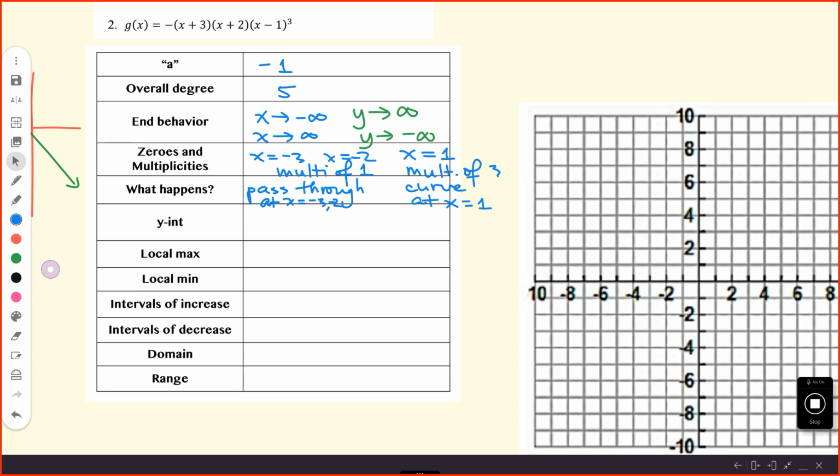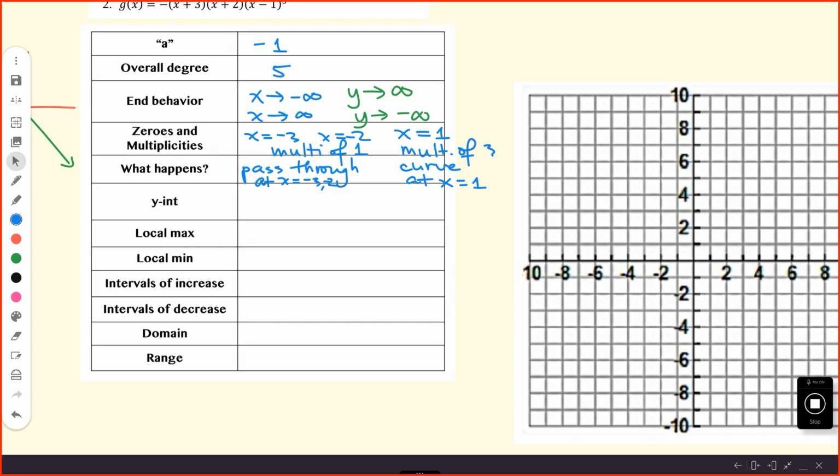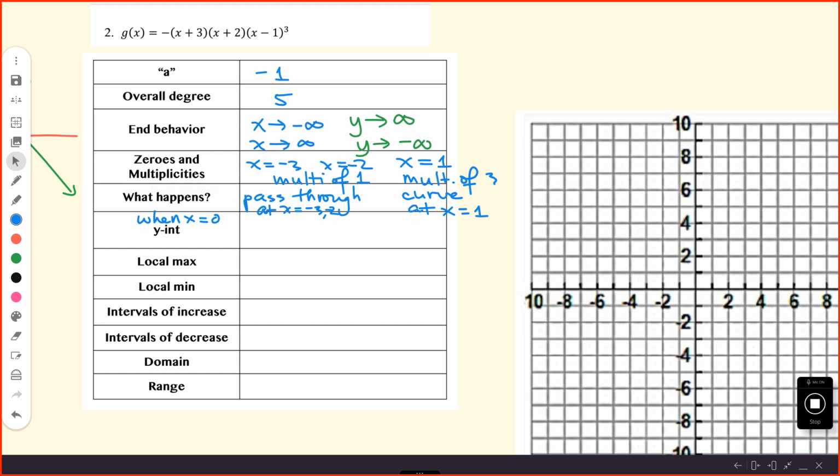All right. And then how do we solve for the y-intercept? This is when the x value is 0. So we're going to plug 0 back into the function. So plug in 0 for your x. Then this will be y equals negative (0 plus 3)(0 plus 2)(0 minus 1) cubed.